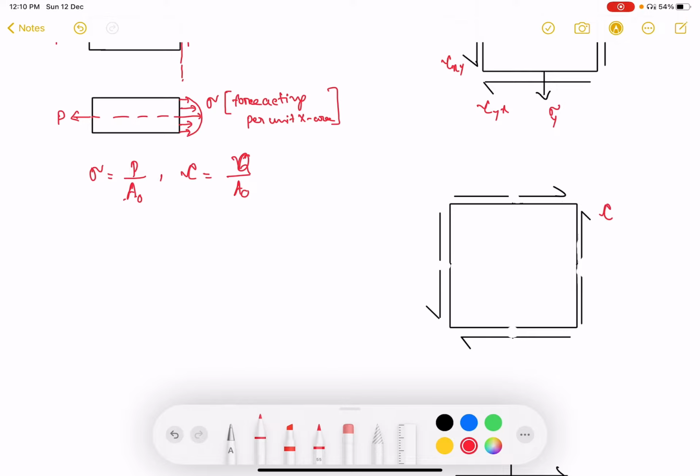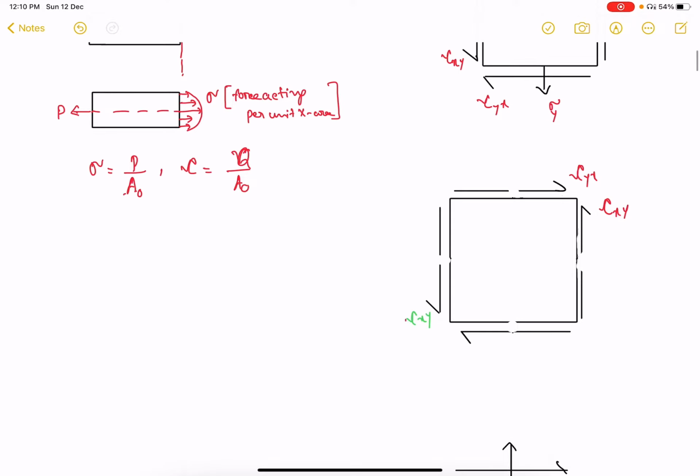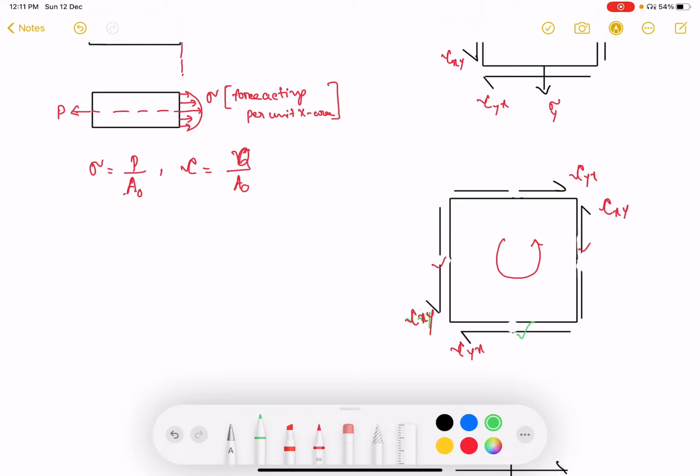this is tau xy, this is tau yx, and this is tau xy. If we take the moment for equilibrium, these two will produce anti-clockwise moment and these two will produce clockwise moment.